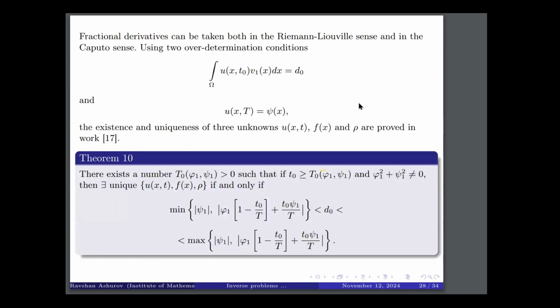How do we do this? We put two overdetermination conditions. This one to find the order of derivative, and this to find the right-hand side. And then the solution of this inverse problem, finding three unknowns, exists and is unique if and only if these conditions are satisfied.